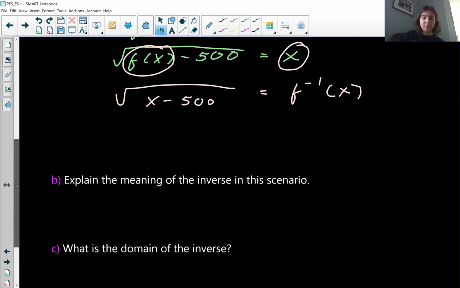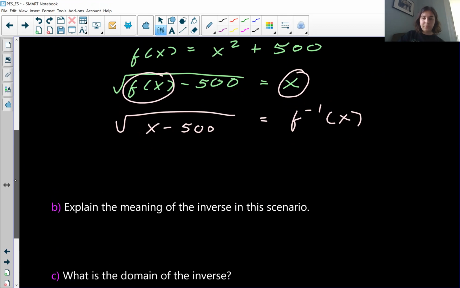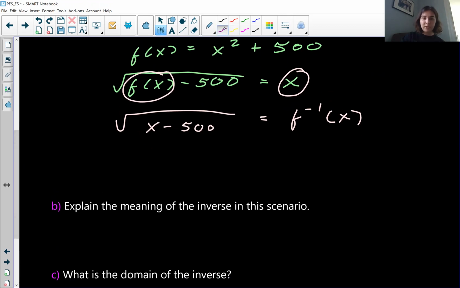Okay, this part is pretty important. We want to be able to explain the meaning of the inverse. So not making the mistake of calling the f of negative 1 of x, that's a lot to say, the manufacturing cost, because that was y in the first scenario. This is a different function. And so our f of negative 1 of x, the whole reason we did this is to find the amount of toys.